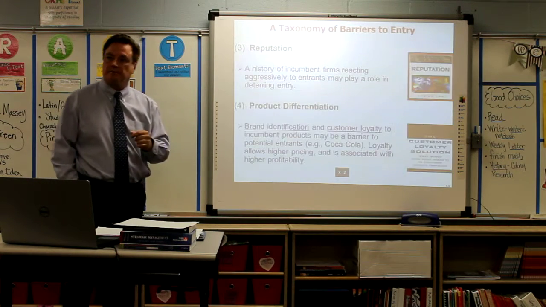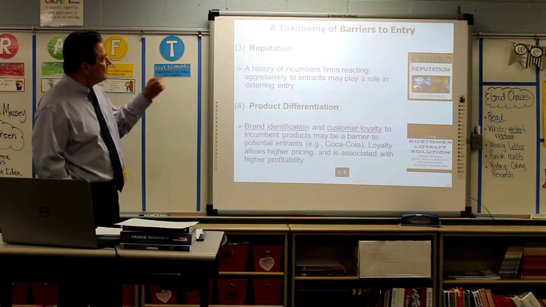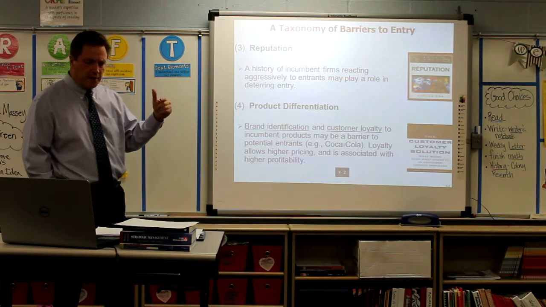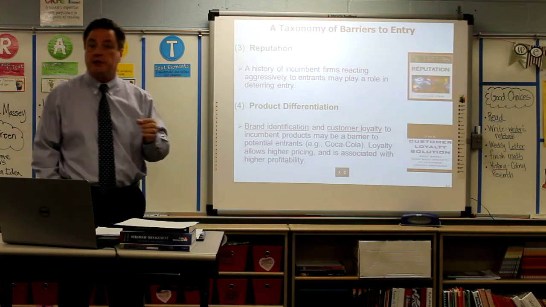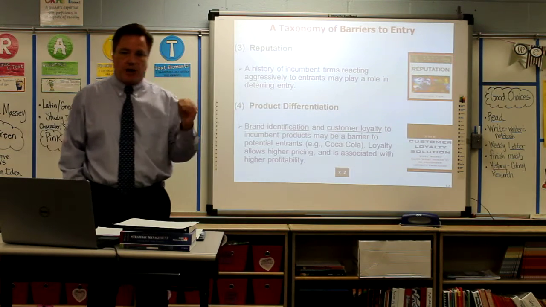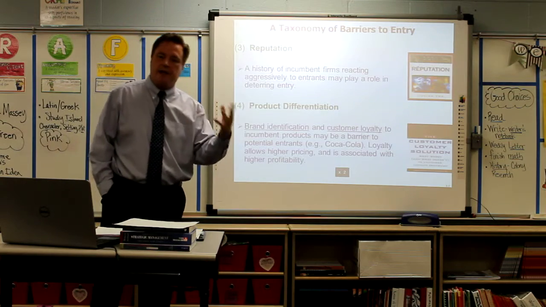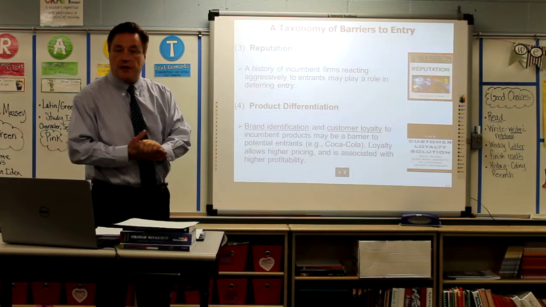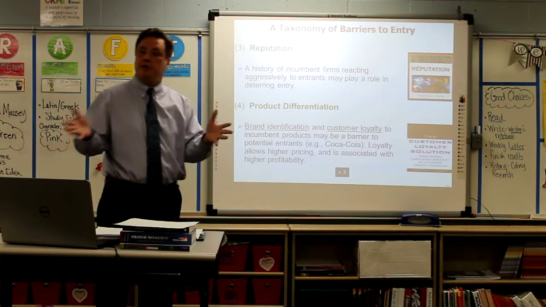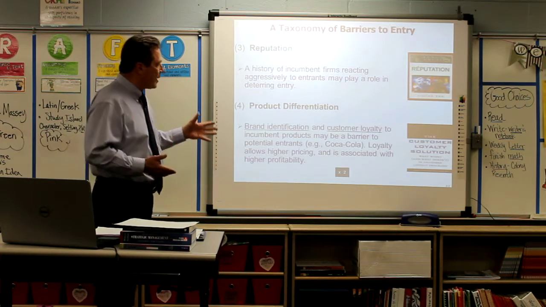What's the next one? Reputation. You've got a history of incumbent firms being aggressive in responding to entrants into the market by price cutting, by couponing, by increasing advertising budgets, whatever that might be, but they are going to try to drive that new entrant out of business or out of the market.